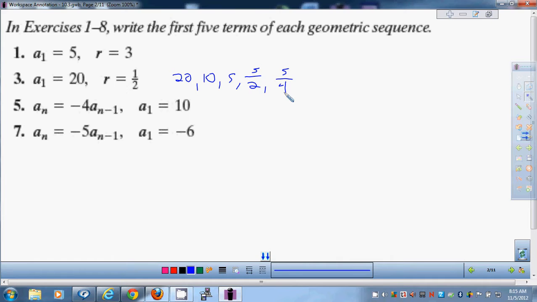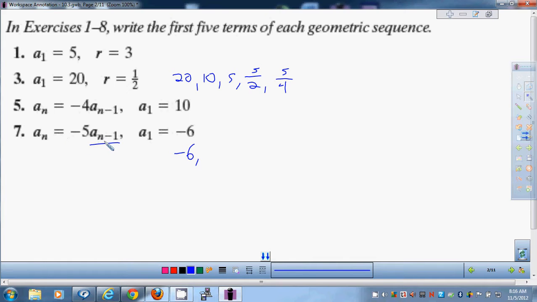What about number 7? What do I do on number 7? It is a recursion formula. And what were you saying, Troy? That's right, -6, and then I plug that in for this term, right?